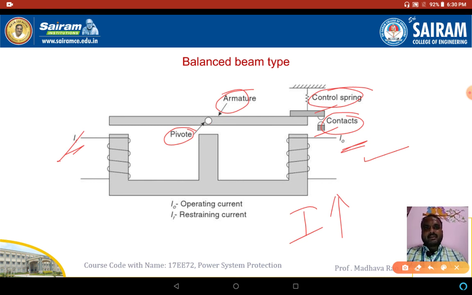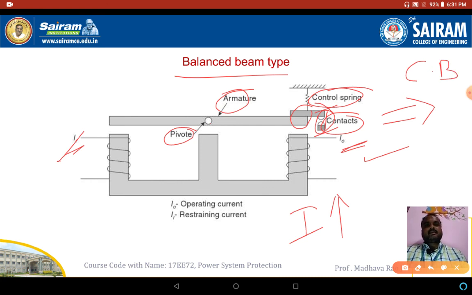When the operating torque exceeds the restricting torque, the armature fitted at the end of the beam is pulled, and the contacts are closed. Then this relay sends a signal to the circuit breaker, and the circuit breaker will disconnect the supply.